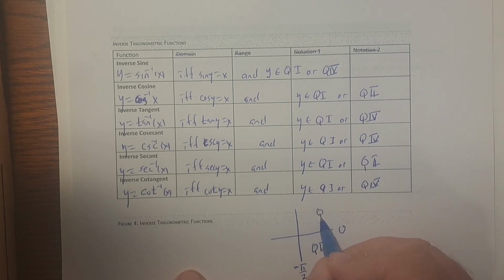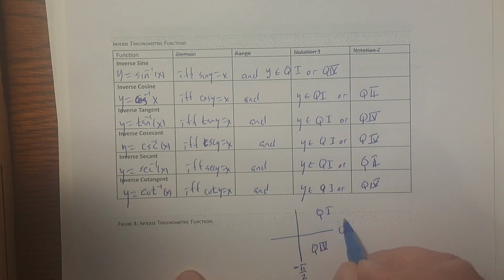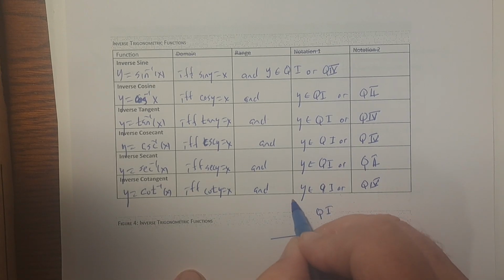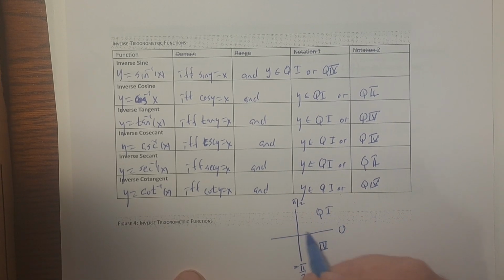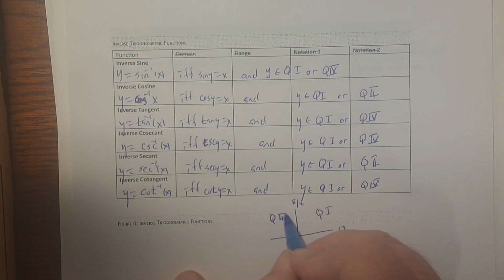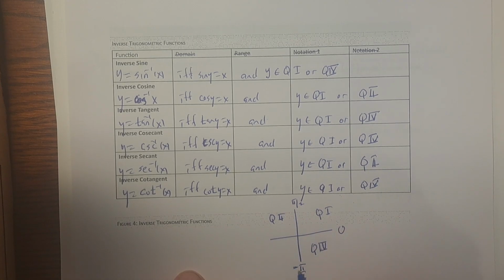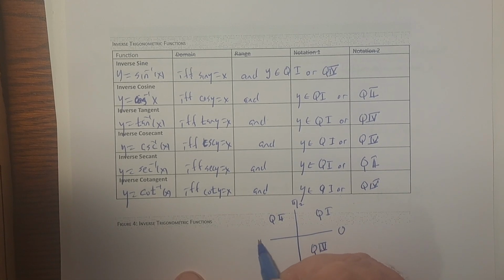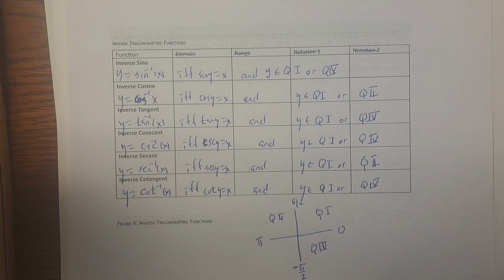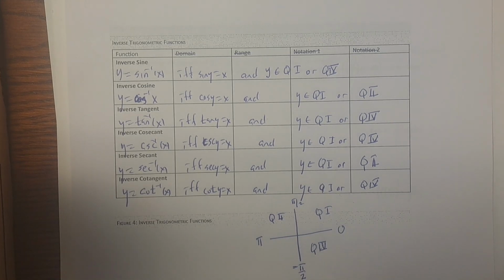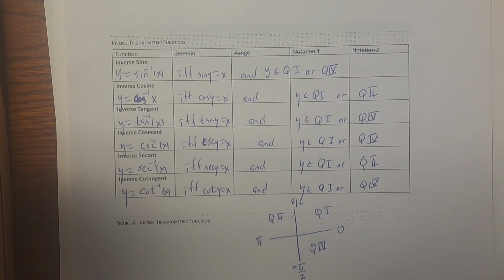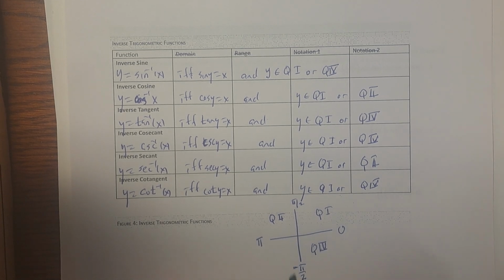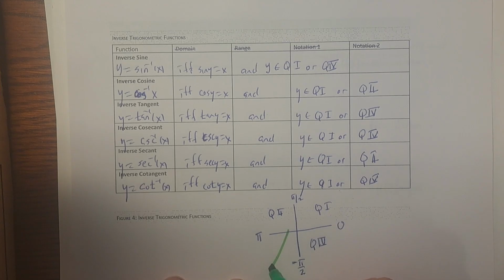For quadrant 1, they have to lie between 0 and pi over 2. For quadrant 2, they have to lie between pi over 2 and pi. And quadrant 3 was not chosen as a quadrant to define the inverse functions with, so we can just throw this one out.